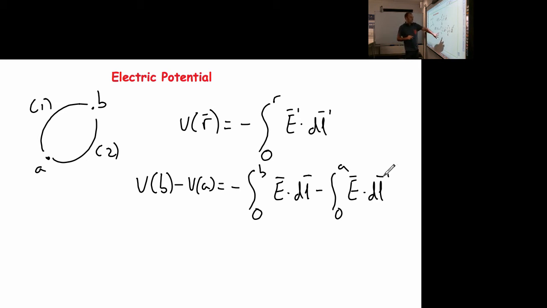So now that we have this, we can write it out a little bit neater. So what we have here is minus the integral between A and B of E dot dl.